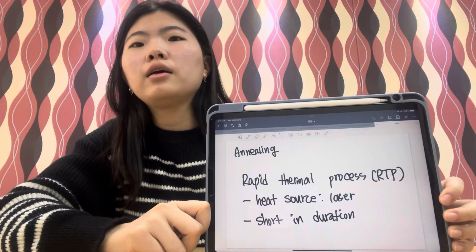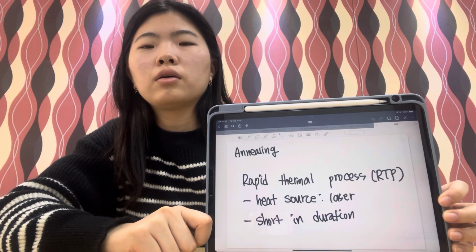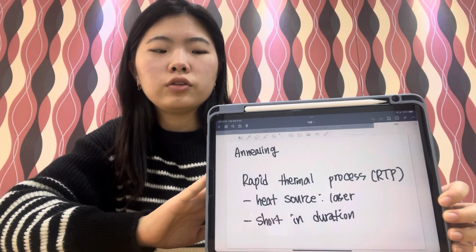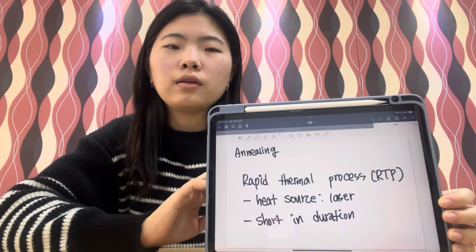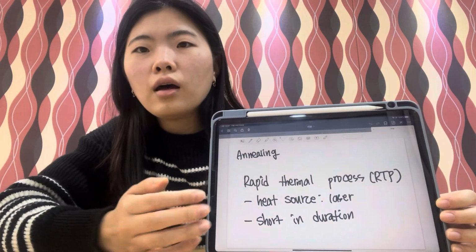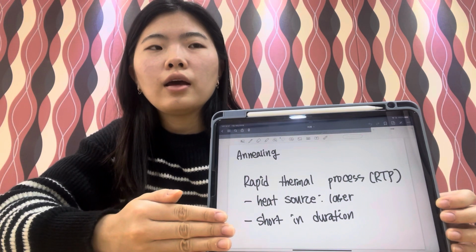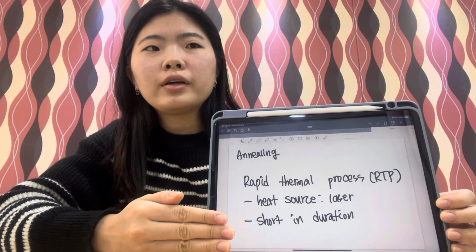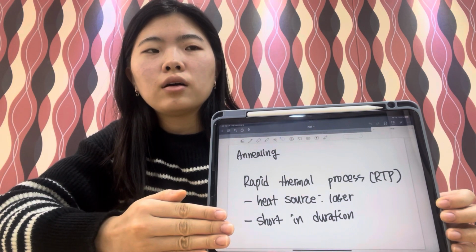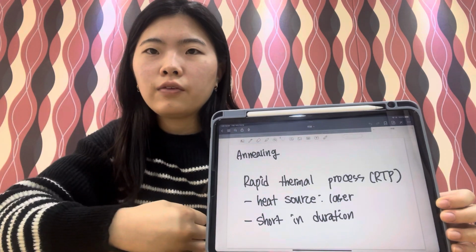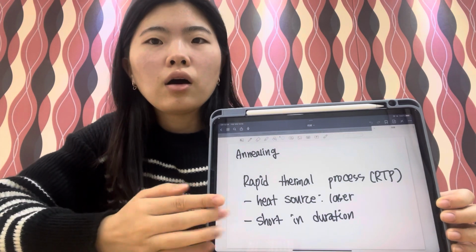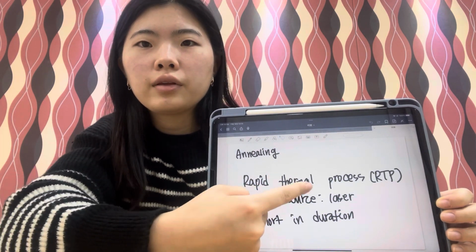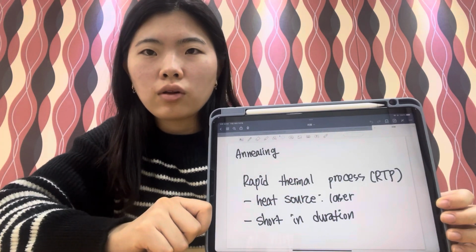And annealing is the way to recrystallize or something else. Annealing is very influenced by thermal budget. So rapid thermal process, RTP, is used a lot.